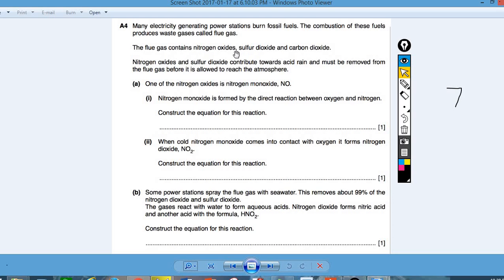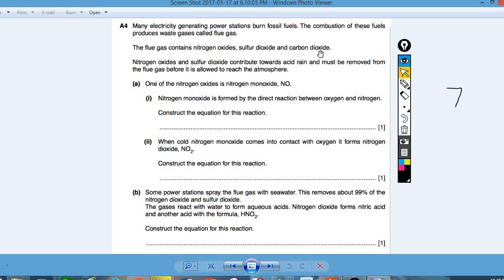For example, the combustion of fossil fuels produces waste gases such as nitrogen oxide, and sulfur dioxide and carbon dioxide.